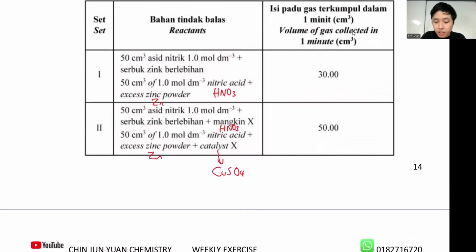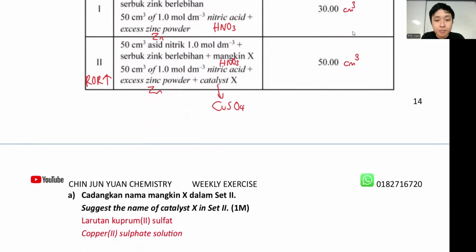Okay, so here you can see if you got catalyst, in 1 minute, which is 60 seconds, set 2 collected 50 cm cube of gas, but with the same time, set 1 was only able to collect 30 cm cube. So that's why, of course, set 2 has a higher rate of reaction.